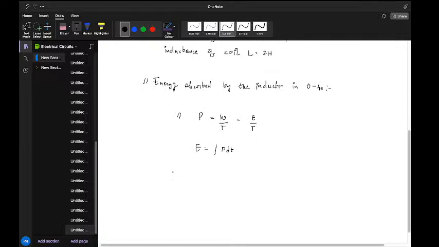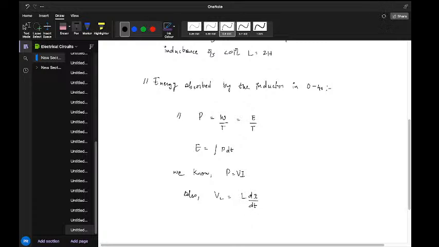Now we know P equals VI. Also, the voltage across the inductor is L di by dt.